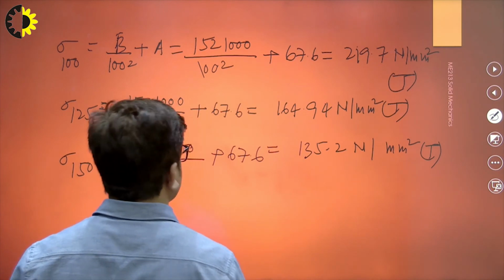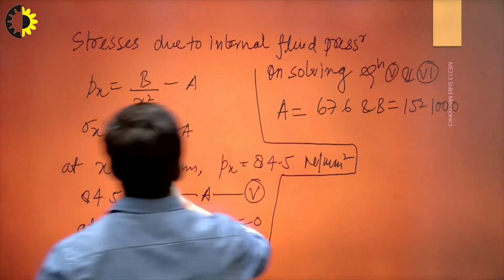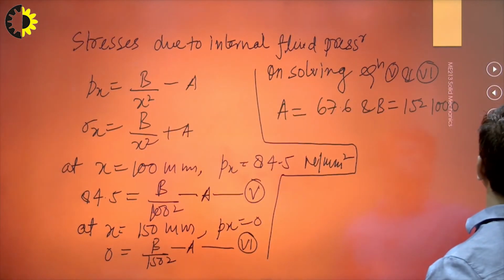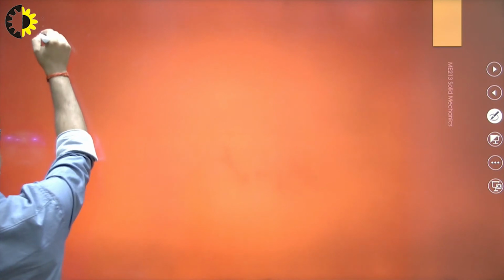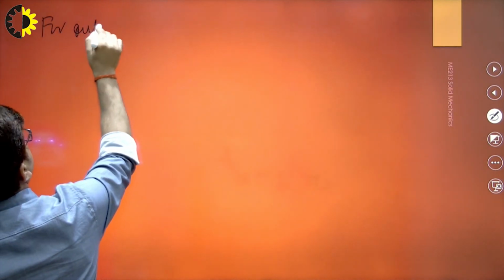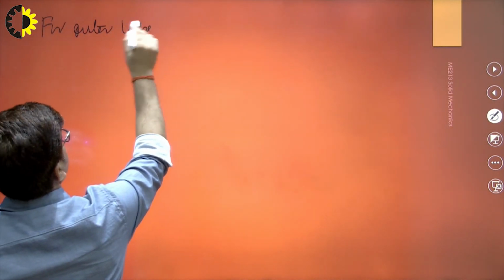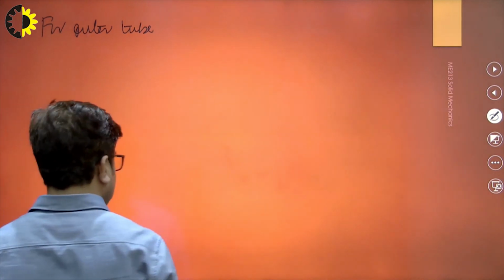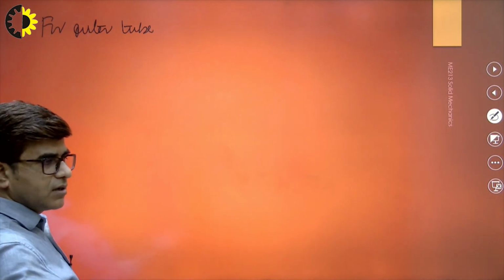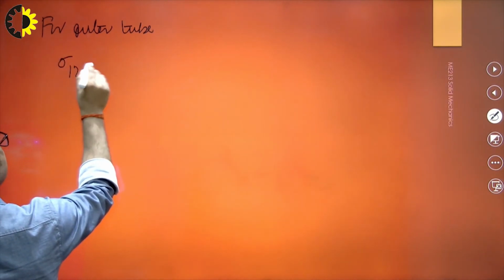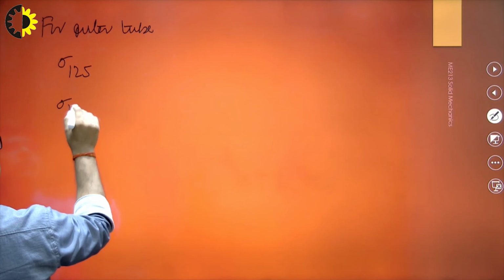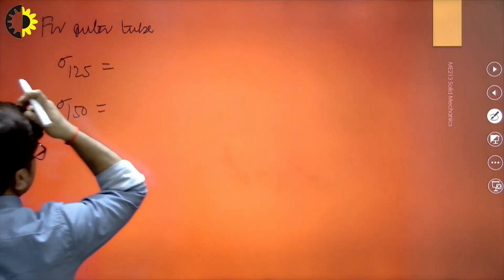So considering the combined effect, for the outer tube, net hoop stress at junction radius and at outer radius, at sigma 125 and at sigma 150. So there are two radii.